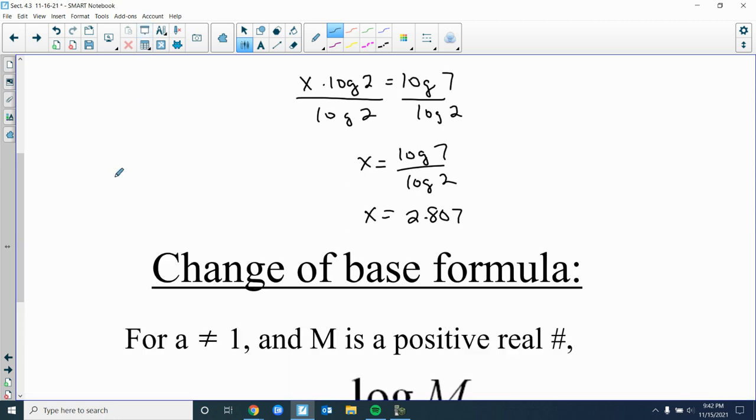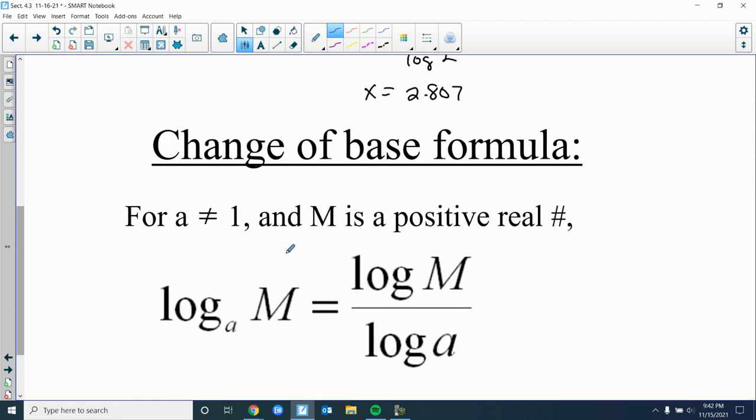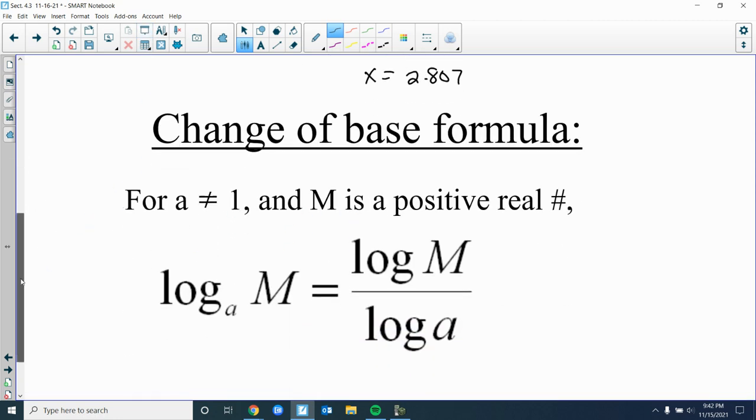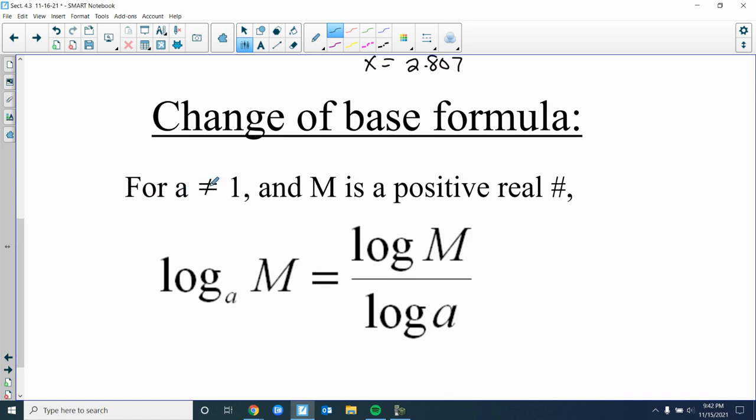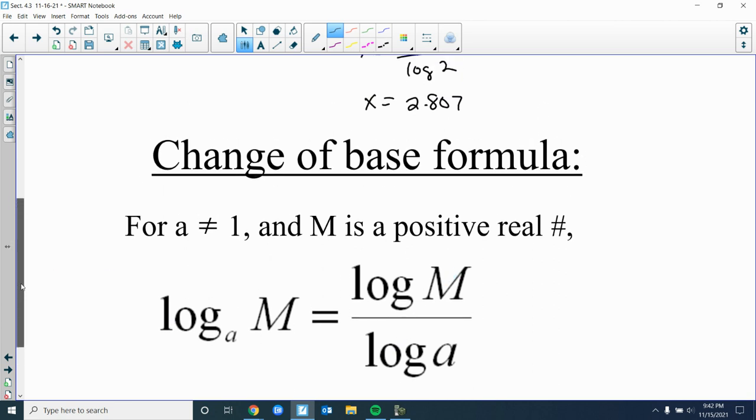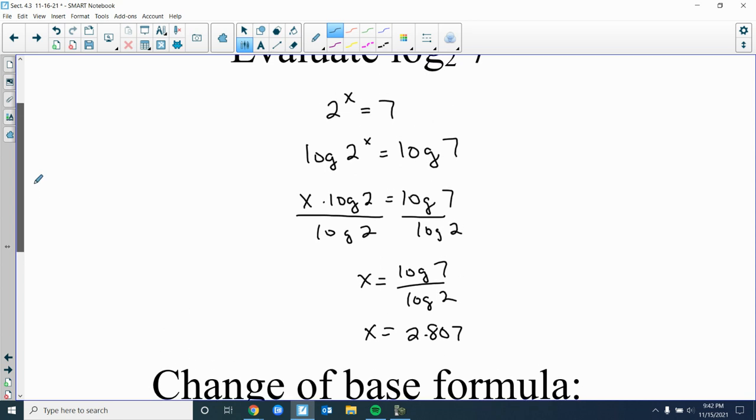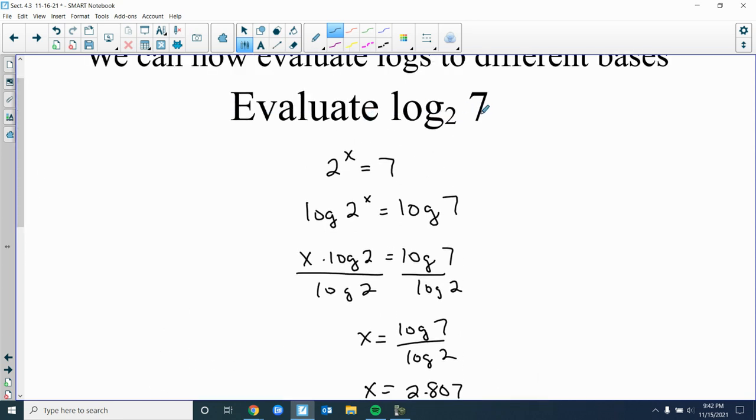This leads us to this change of base formula you see in your guided notes. For a not equal to 1, base not equal to 1, and m is a positive real number, log base a of m is equivalent to the log of m divided by the log of a. And you see what happened here with log base 2 of 7.